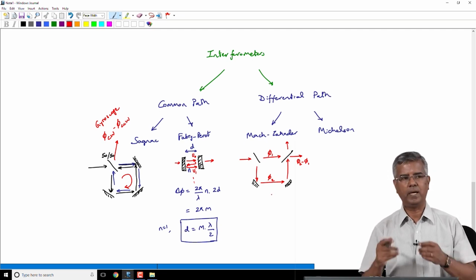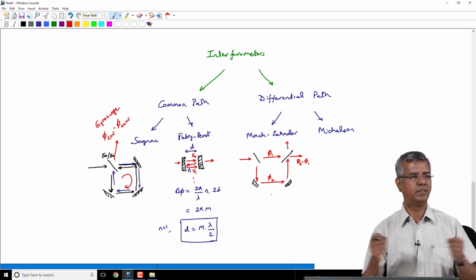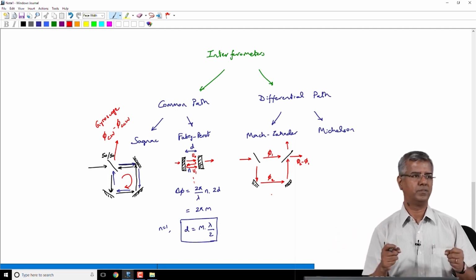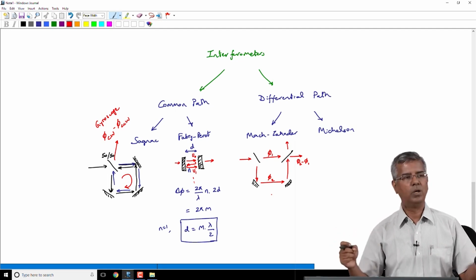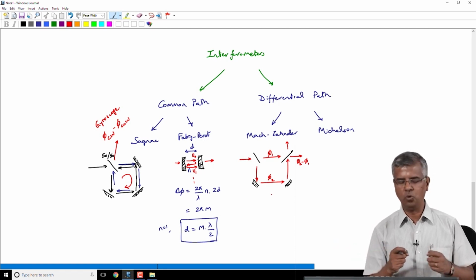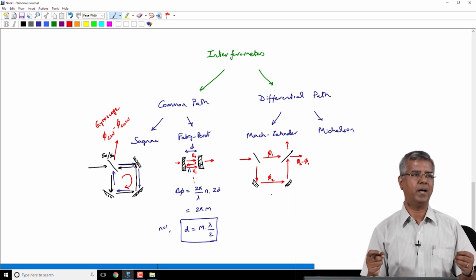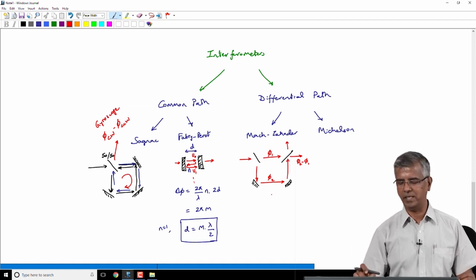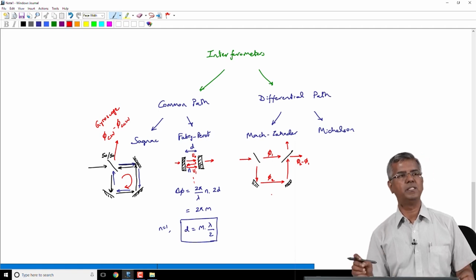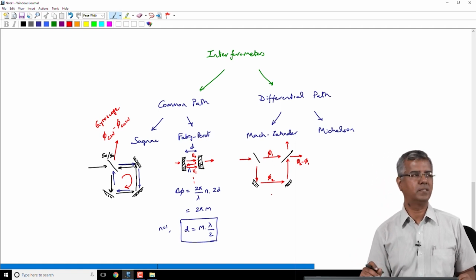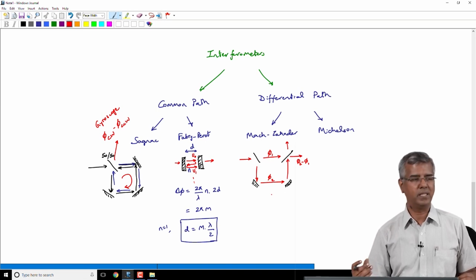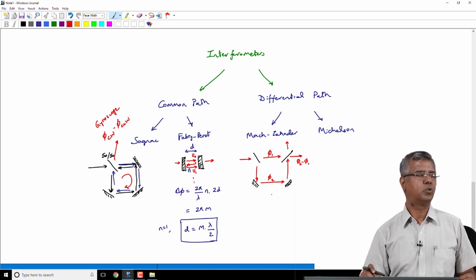Suppose you move the distance between the mirrors, right. Even if you move by a fraction of a lambda, you will see a sudden change in the intensity at the output. Okay. So, it is very sensitive to changes in the relative path lengths and very sensitive to changes in the refractive index of the medium in the two paths.